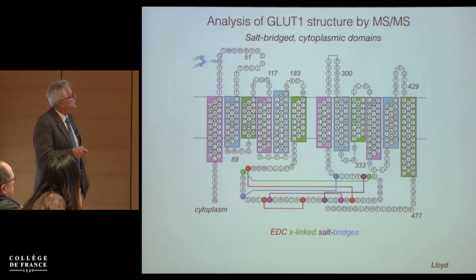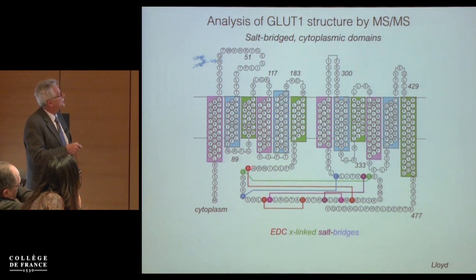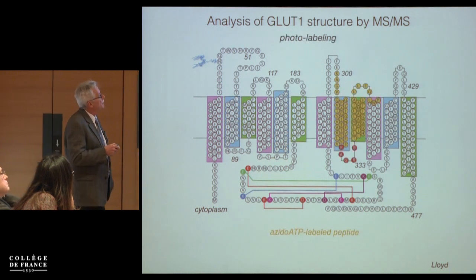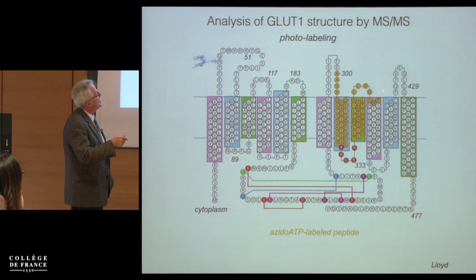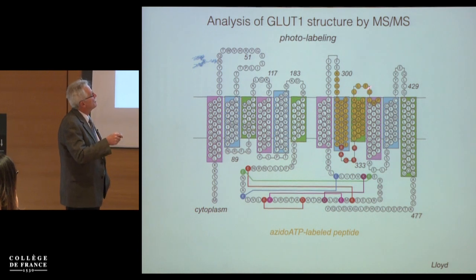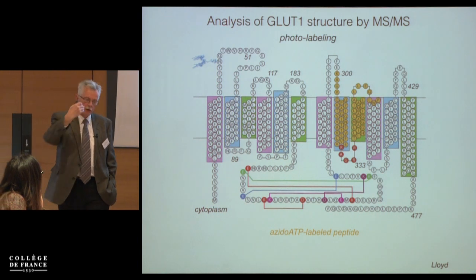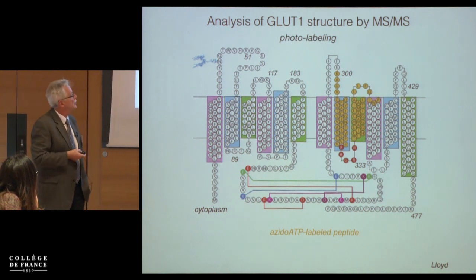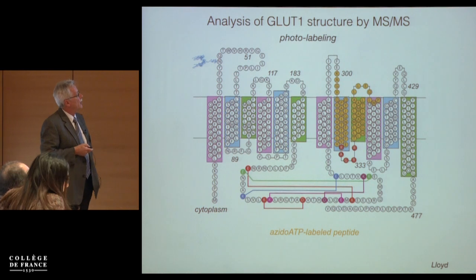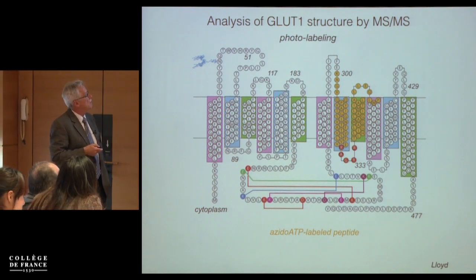We find 6 salt bridges within the cytoplasmic loop in GLUT1. We also know, based on peptide mapping, that this is the peptide that contains the covalently labeled azido ATP photolabel when we UV irradiate the protein in the presence of this compound.